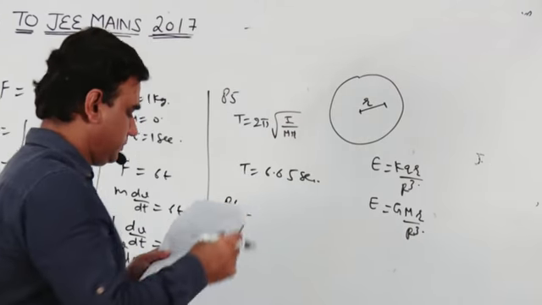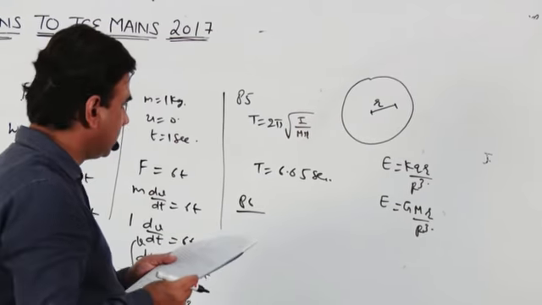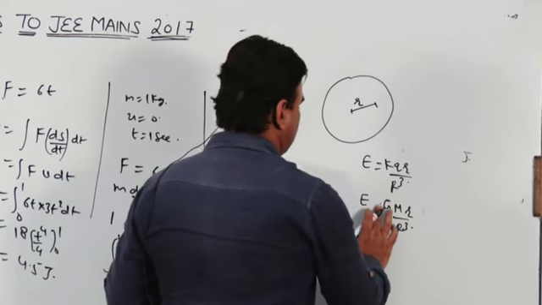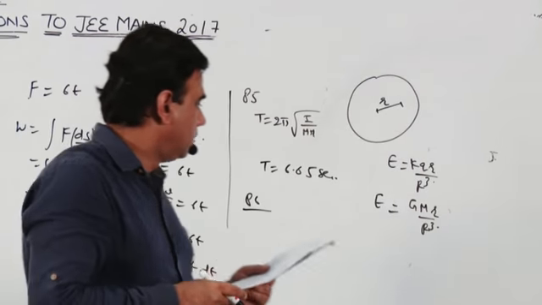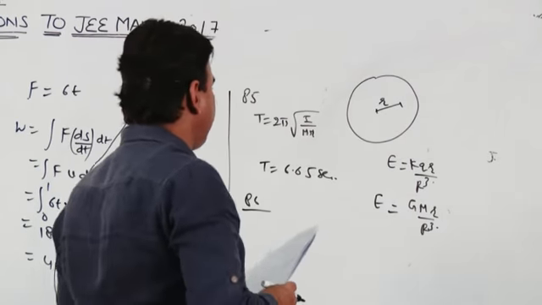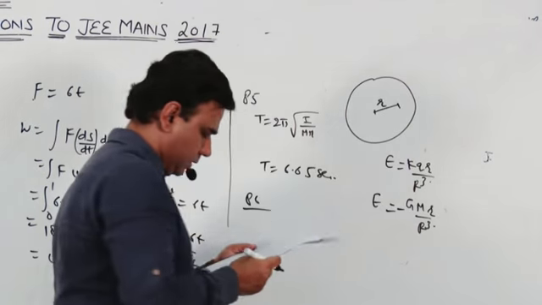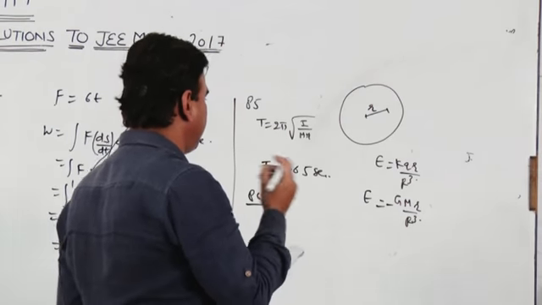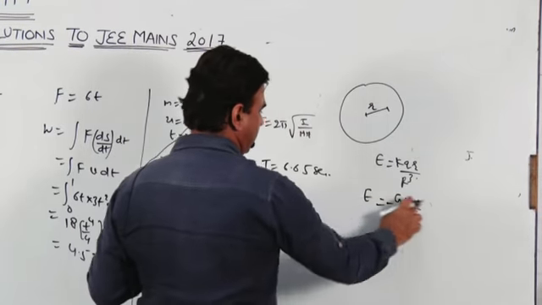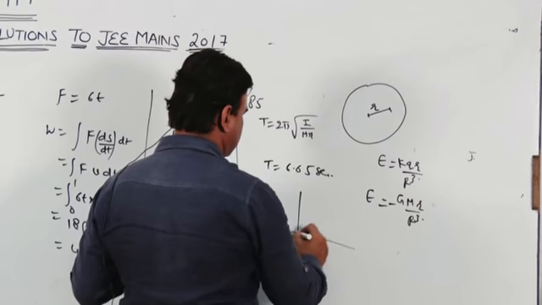So inside, the field is nothing but E equal to this. And here the field is negative also. So inside, from 0 to capital R, it is directly proportional to r, so that will be a straight line.